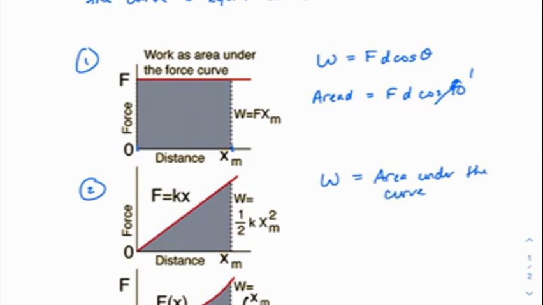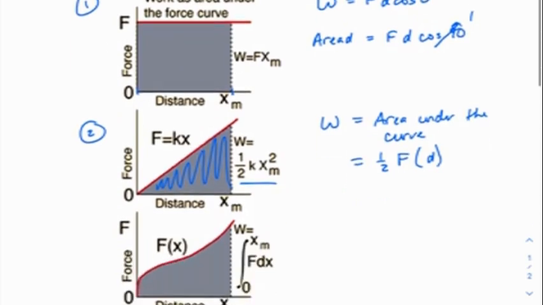In this case it is a triangle, so the area is 1/2 my height, which is my force, times my distance. If it's a spring force, that force is equal to kx, and that's where they get the 1/2 kx squared value.